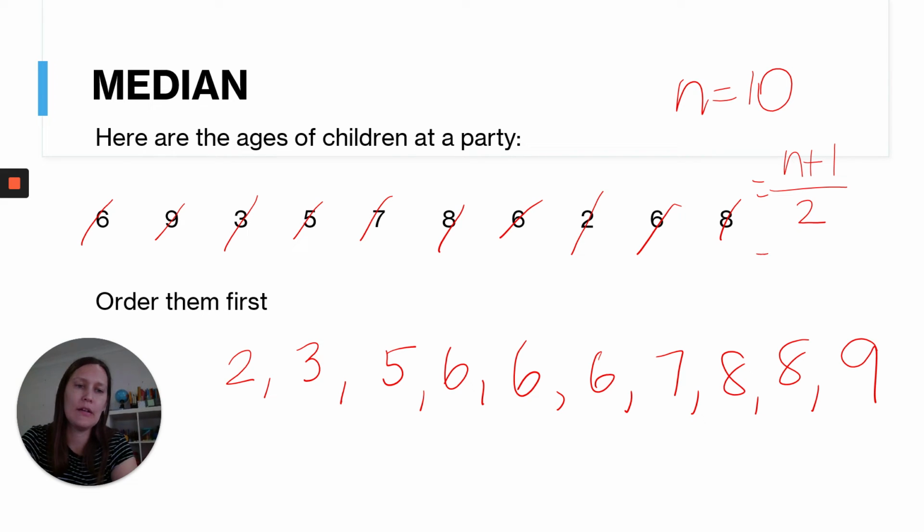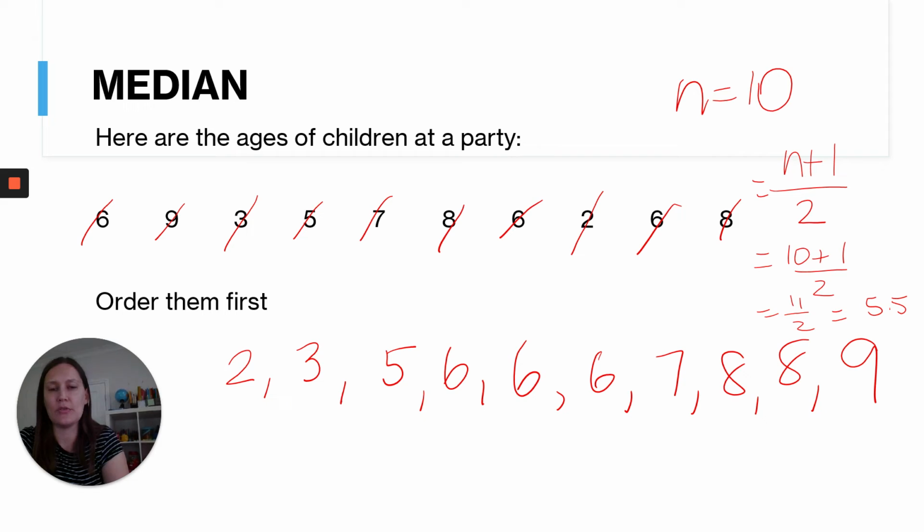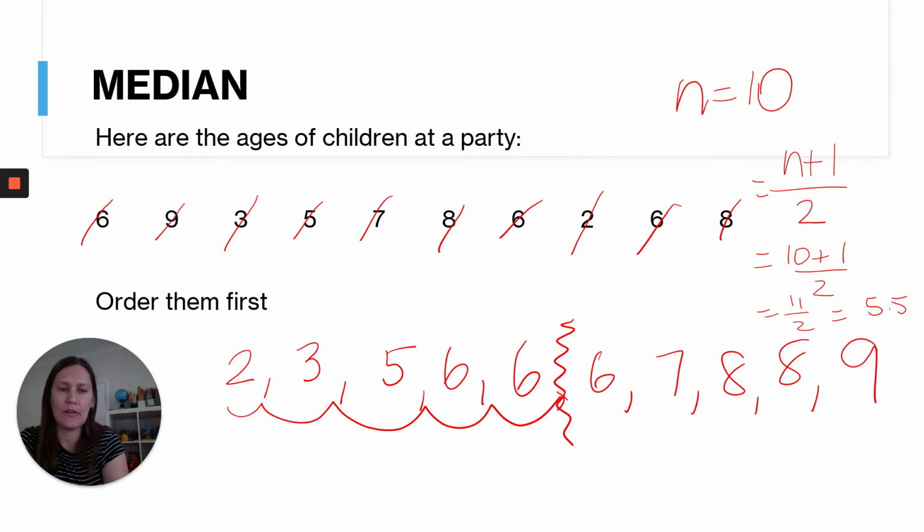My median, which is 10 plus 1 divided by 2, which is 11 divided by 2, which is 5.5. So that would mean that I come into value 5. 1, 2, 3, 4, 5, and then halfway between 5 and 6, I'm going to find 5.5.